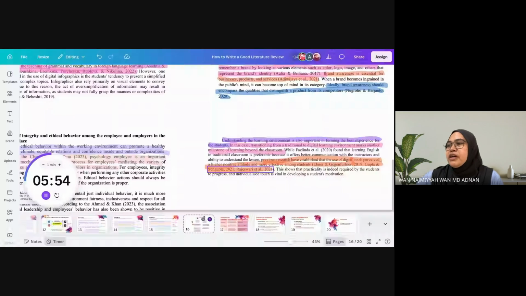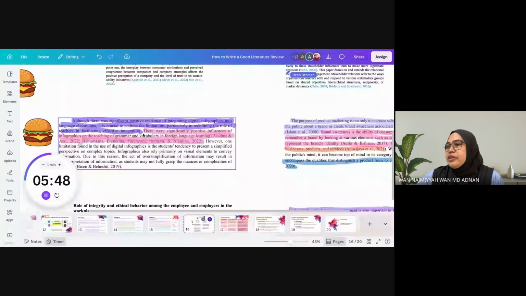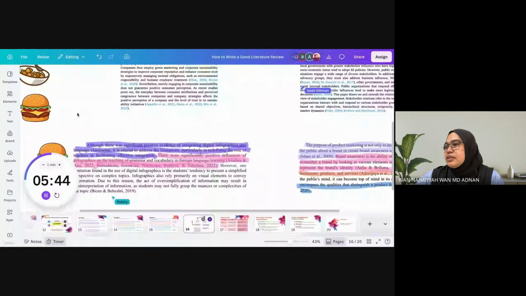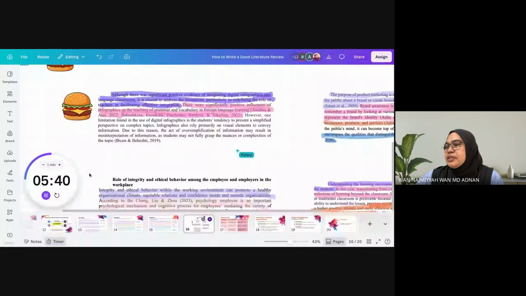Okay, once you have highlighted, can you identify whether they're using a burger technique or a rojak technique? I've seen one burger here. What about the rest?